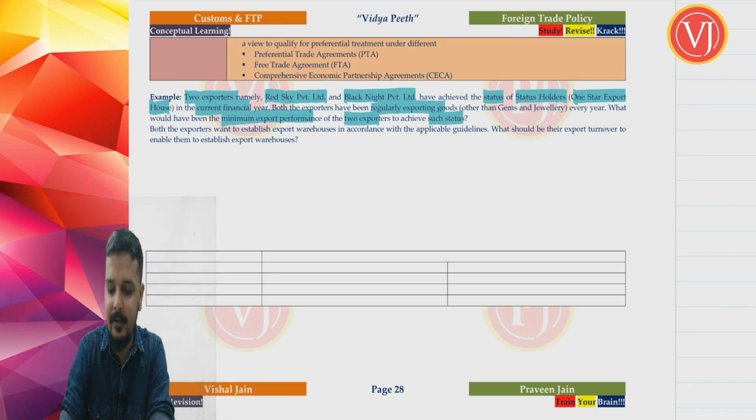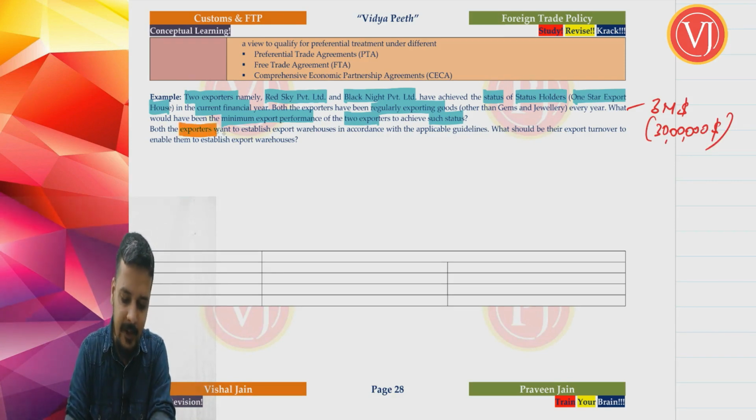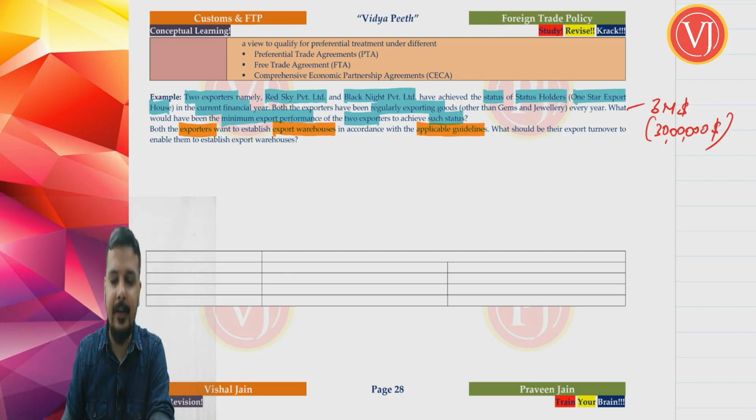The simple answer is, if they are 1-star, it is $3 million, that is 30 lakhs US dollars, not rupees. The answer for the first part is over. For the second part, both exporters want to establish their export warehouses, in accordance with the applicable guidelines. If they want to open an export warehouse, what should be their export turnover?